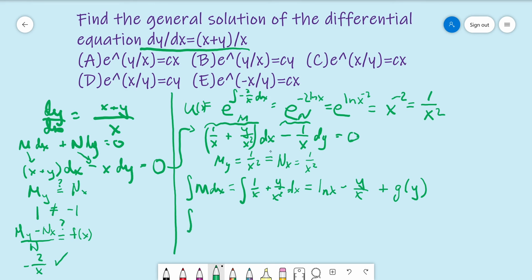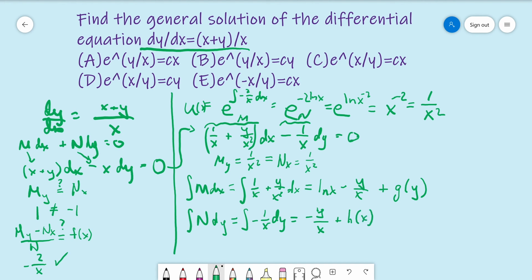Now we're going to do the same thing with N. Integrate it with respect to y. What do we get? The integral of negative 1 over x dy is going to equal negative y over x plus some function, we'll call it h of x.